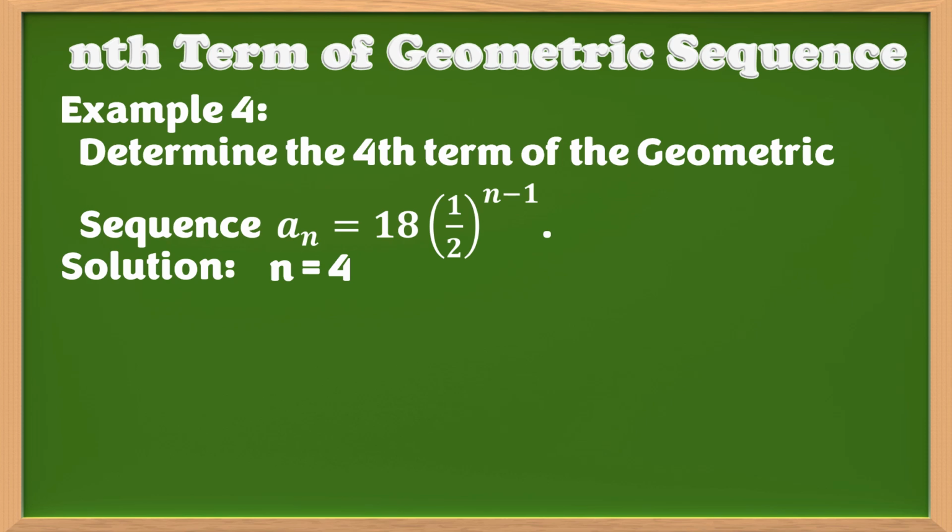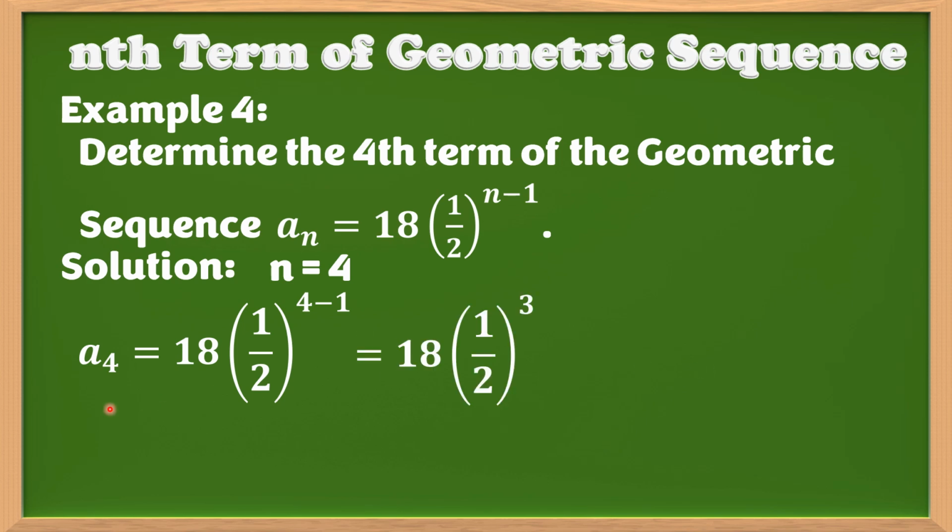So the equation will become a sub 4 is equal to 18 times 1/2 raised to 4 minus 1. And then next step is we're going to simplify the exponent of 1/2. So 4 minus 1 is equal to 3. So the equation will become a sub 4 is equal to 18 times 1/2 raised to 3.